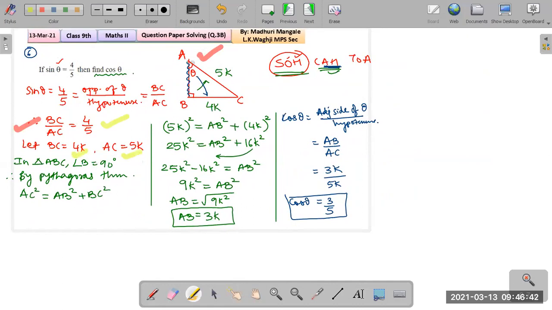Next is to find side AB. Why are we finding that side? Because we need cos theta, which means the adjacent side. So using the Pythagoras theorem, we find AB. Once we get AB, we substitute the values for cos theta, and that gives us the answer. Pythagoras theorem is really important and you need to do a lot of practice on that.